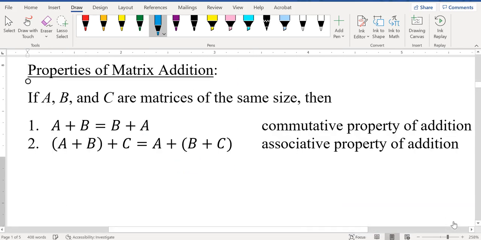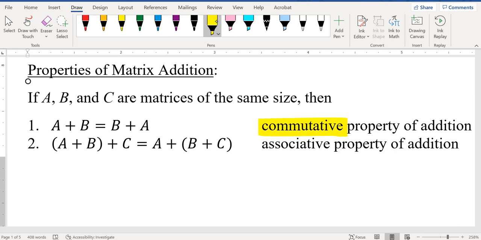Let's look at a couple of properties of matrix addition. If A, B, and C are matrices of the same size, then matrix addition is commutative and matrix addition is associative. For the commutative property, A plus B is the same as B plus A. So it does not matter what order you add matrices in.